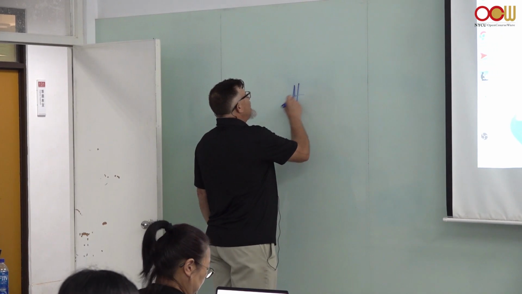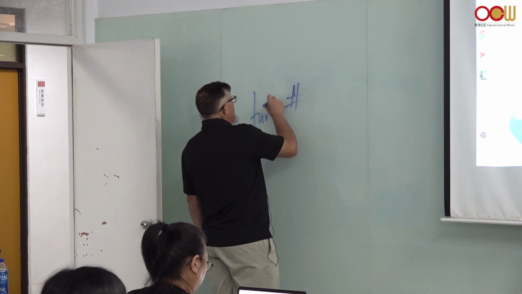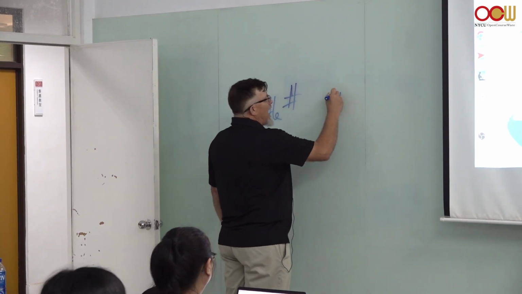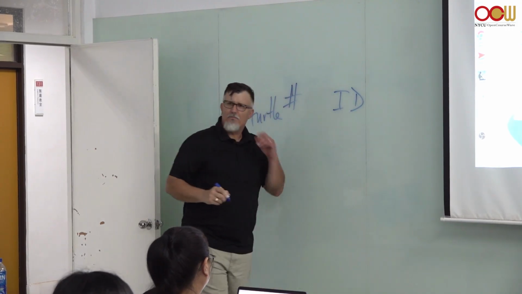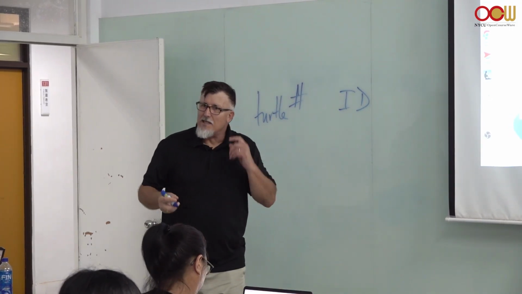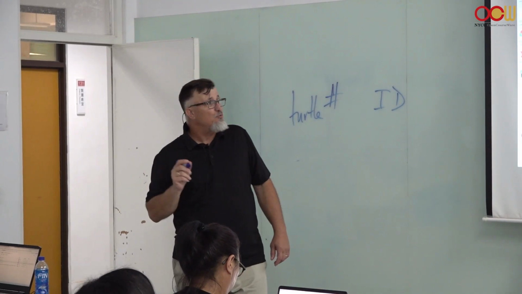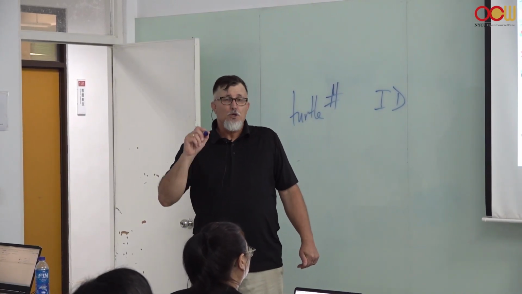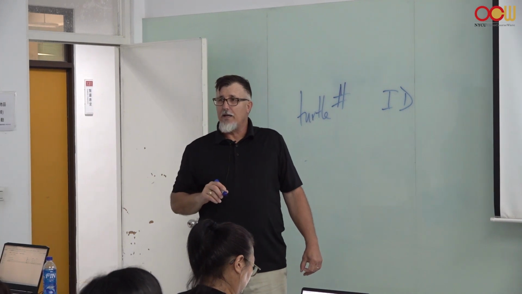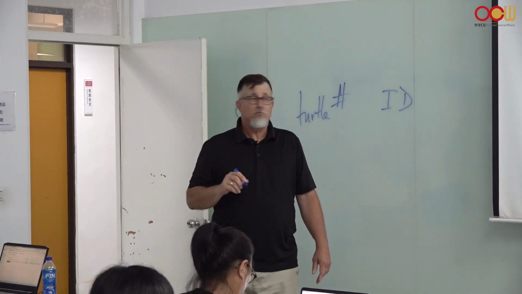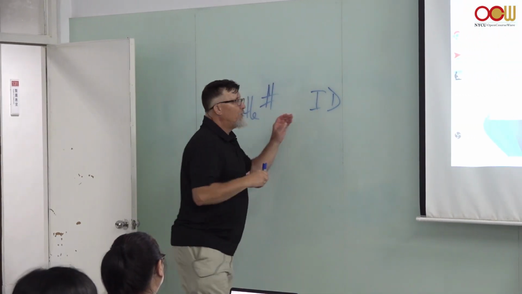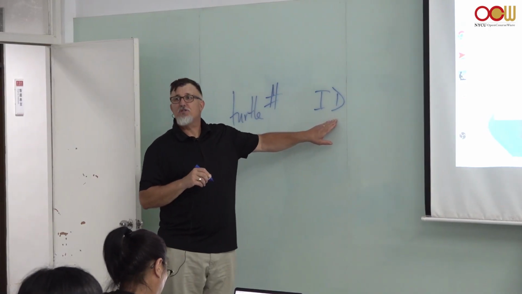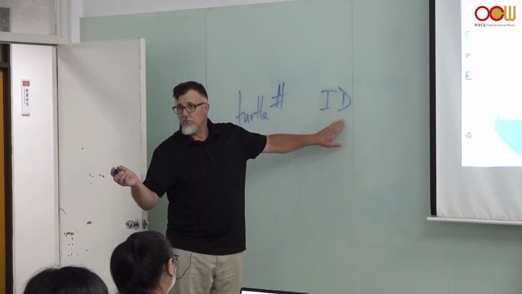And that turtle number is an ID, a property that is unique to that turtle. So you can always identify turtle 0 by asking turtle 0 to do something.